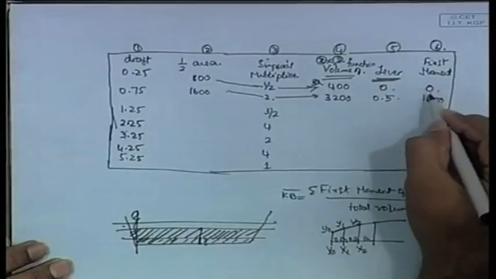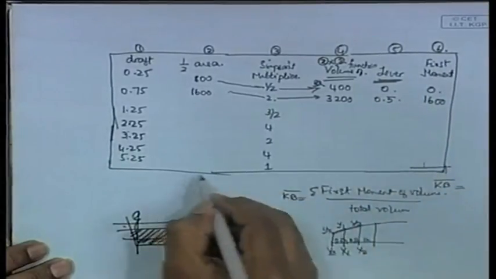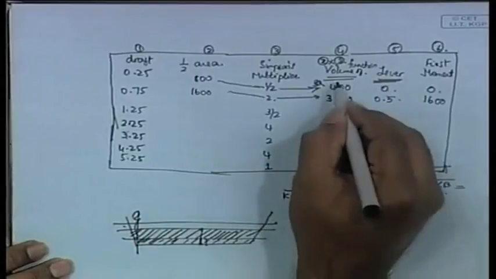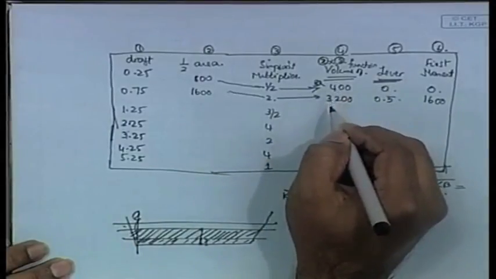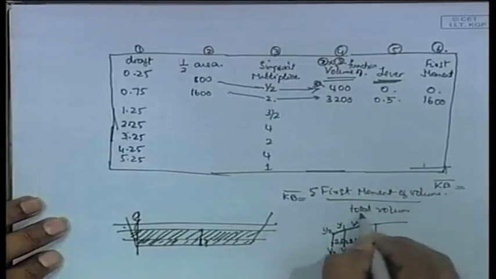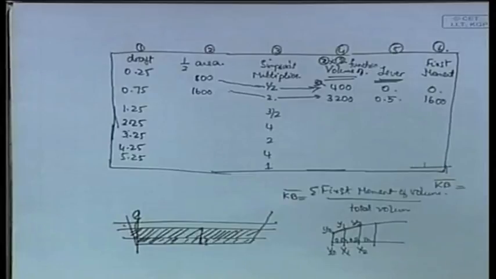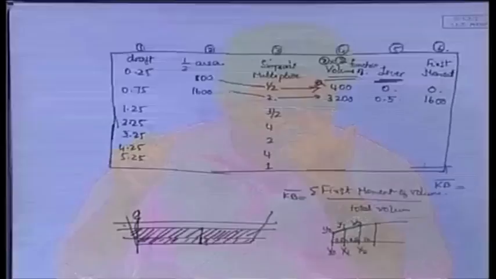You calculate each of these, find the sum, the total, divided by the total volume here. Of course, this has to be multiplied with an h to get the total volume. Once you have that, the sigma first moment of volume divided by the total volume will give you the Kb for that whole volume, for the whole ship, in fact, for that particular draft of 5.25 meter.